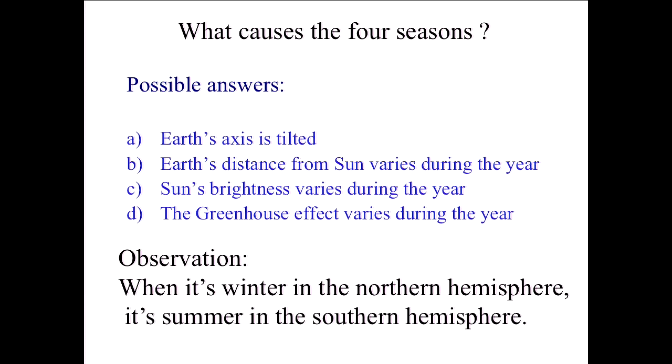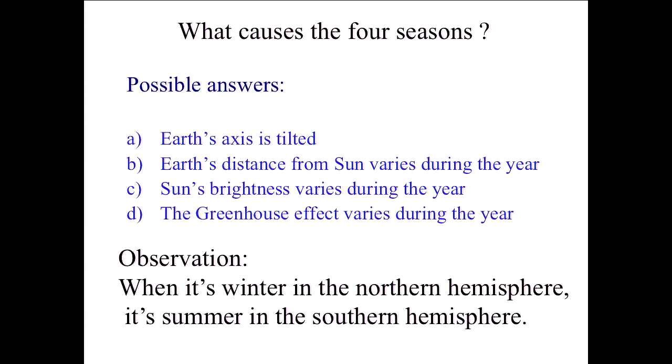So that tells you that answer B is not very plausible, because even if the Earth were carried closer to the sun in its orbit, it would be closer whether you're in Australia or North America. So I think B doesn't seem very likely.